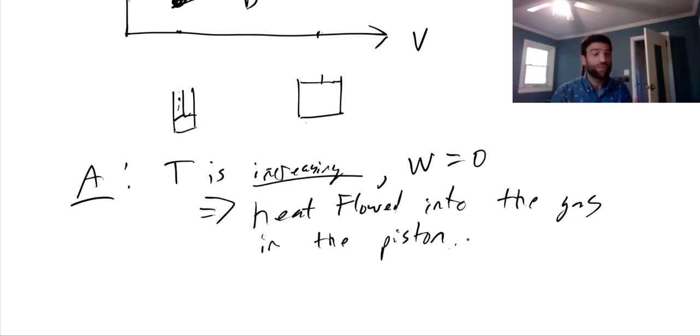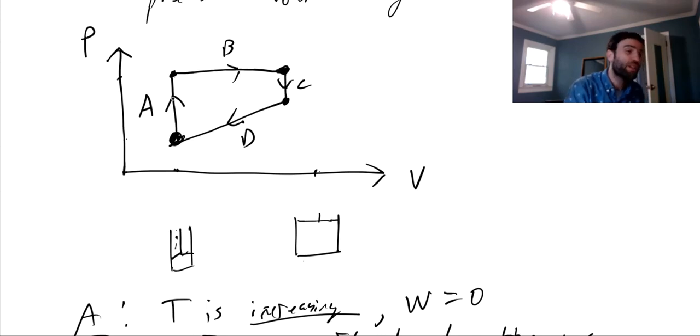In other words, we lit a fire under the piston or exposed it to some hot temperature or something while we used some mechanism to lock the position of the piston. So we locked the piston position and we lit a fire underneath of it. Okay, that's leg A. Temperature increased, no work was done, heat flowed into the gas.